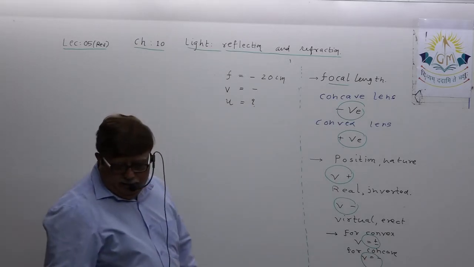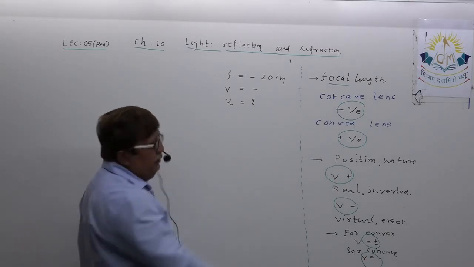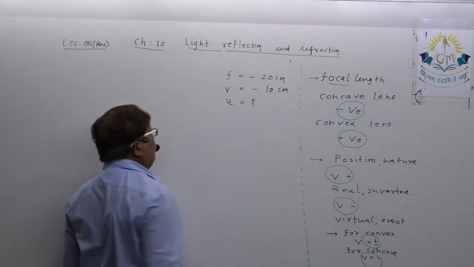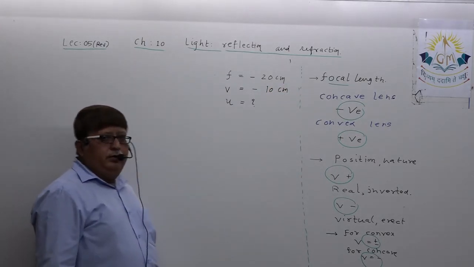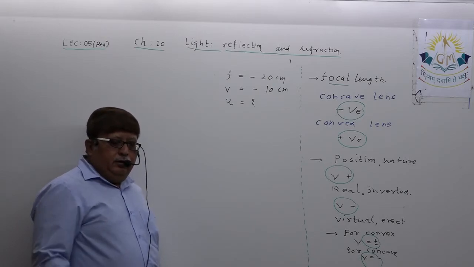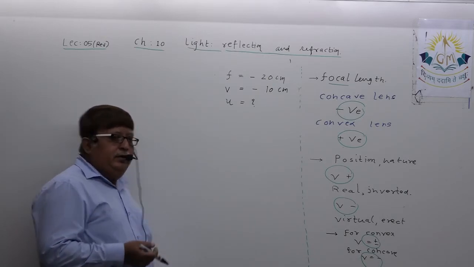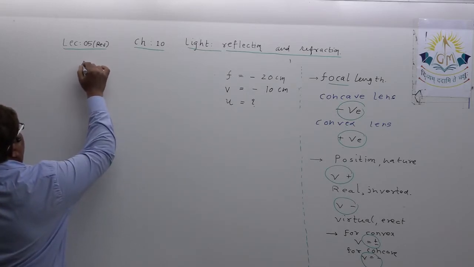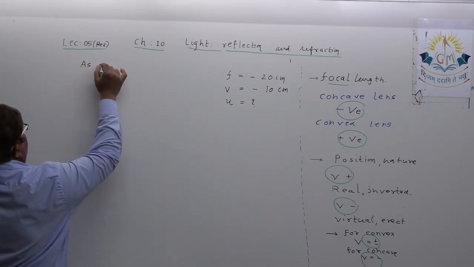And where is the image obtained? At a distance of 10 centimeter. The data which has been given is described, and now you will write as per the lens formula.